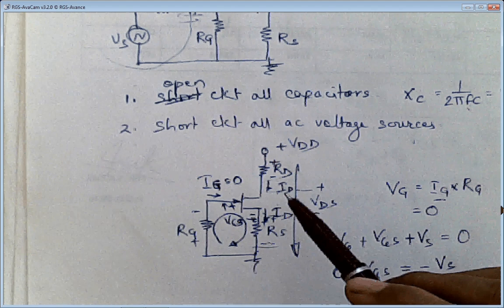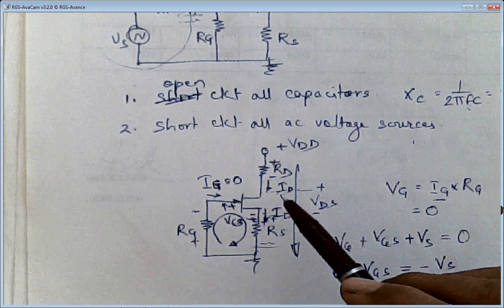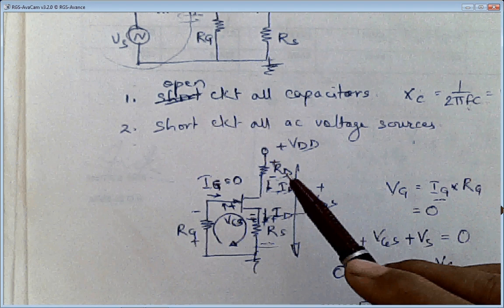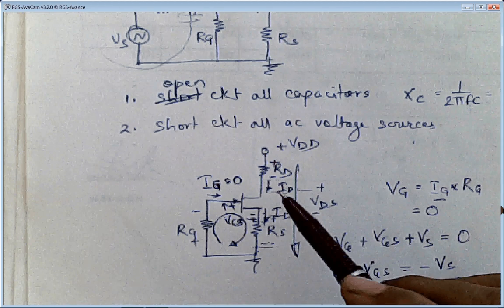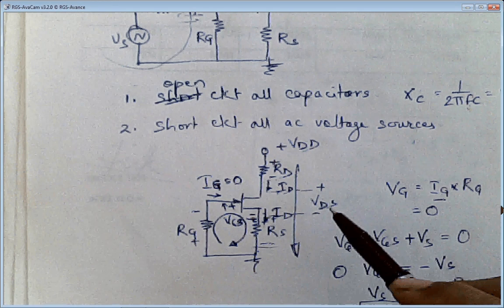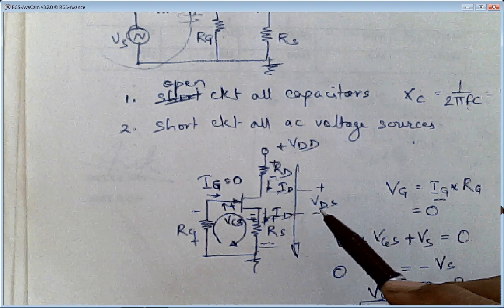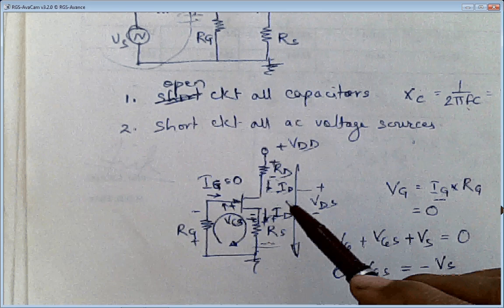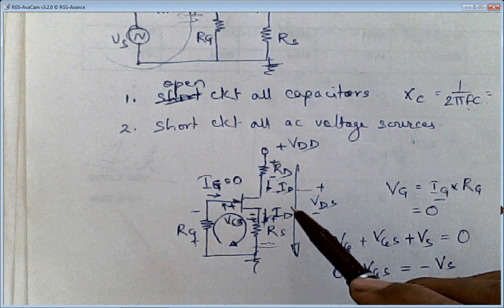So that means I need to have an equation of ID which will have some values of RD, VDD, RS, VGS, all these things will be present. If I want to have VDS some value, then what all the components are responsible to keep some value of VDS. All these things I'll come to know only after analyzing, and that analyzing will be done now.